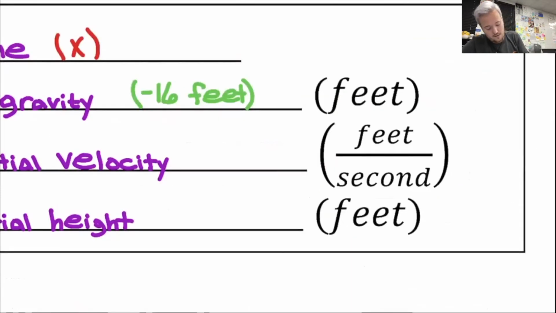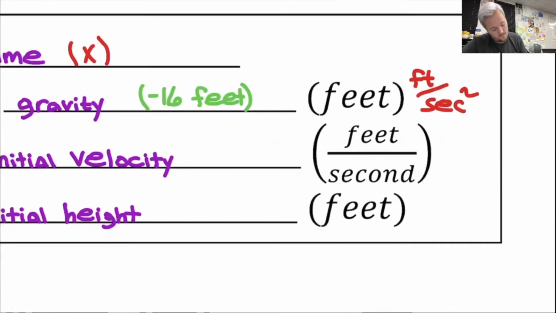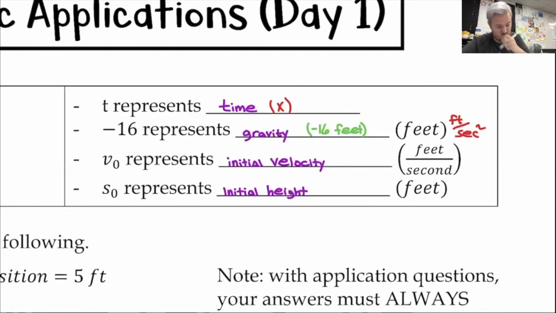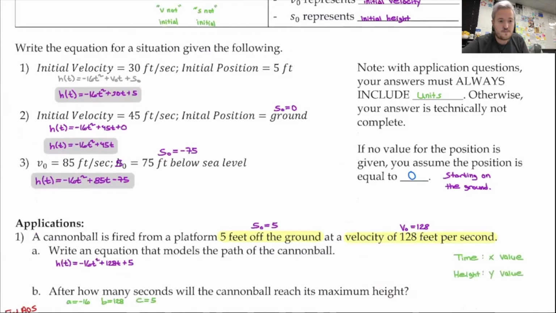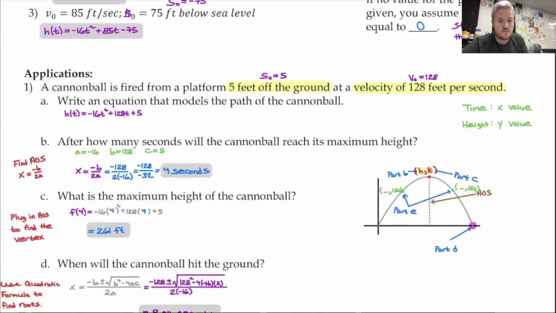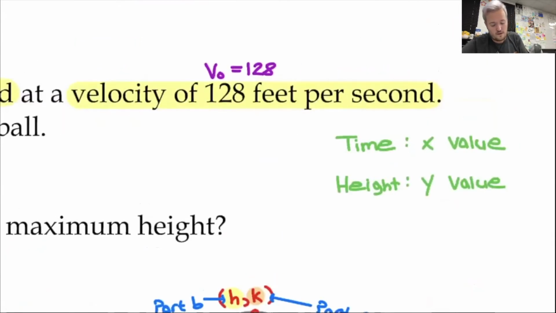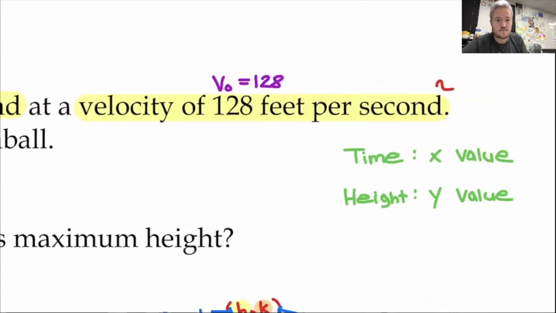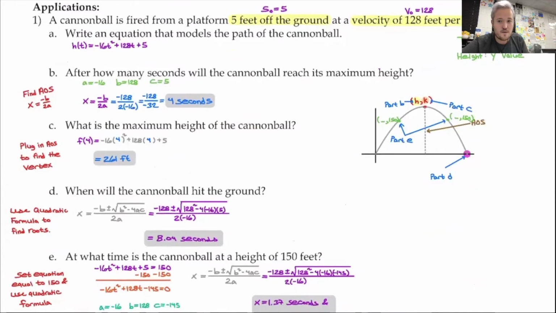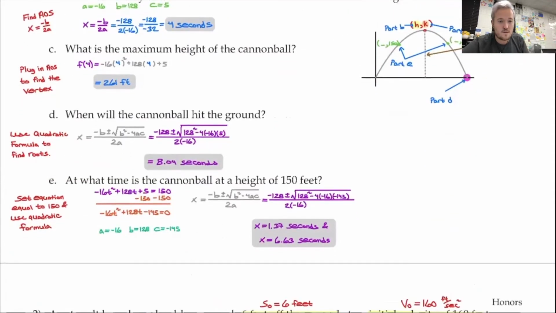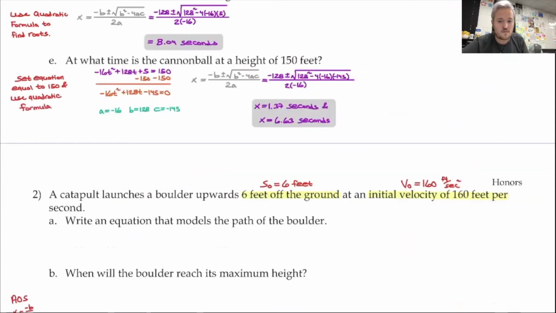This should actually be feet per second squared. Sorry, this is gonna bug me if I don't fix it. I think that should be good.